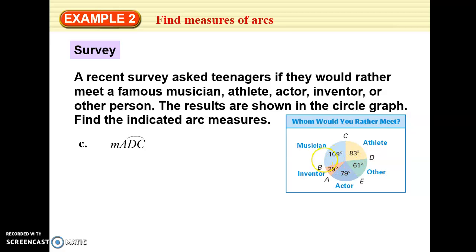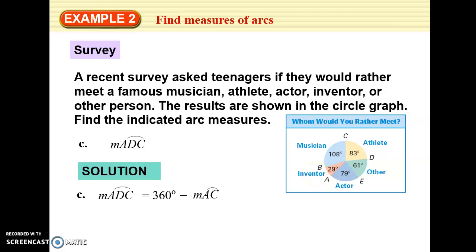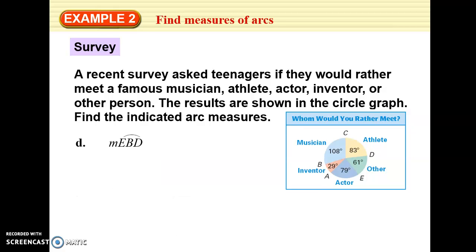One is 360 minus 137. See, 360 minus the arc AC. We will get the result, 360 minus 137, 223. That is the answer. But if you want to do it by adding, 79 plus 61 plus 83 will be the same result at the end.